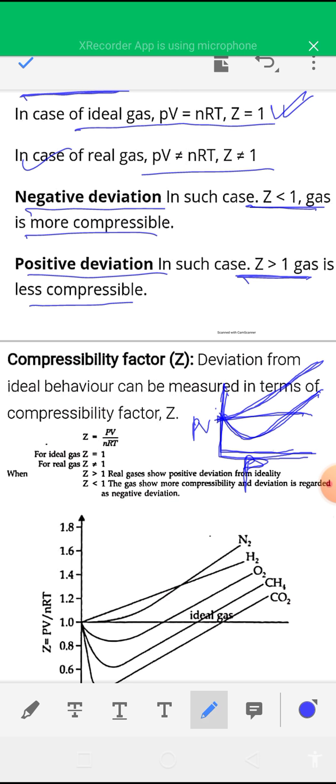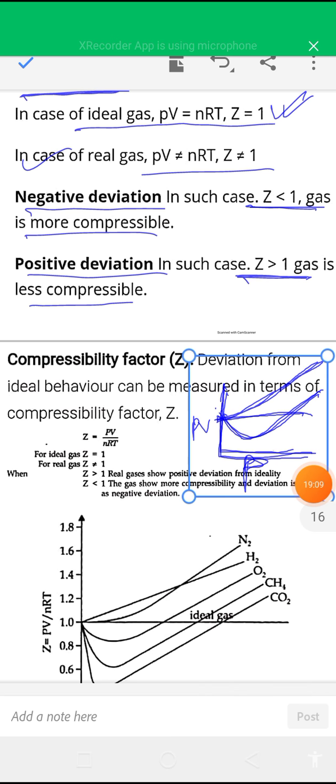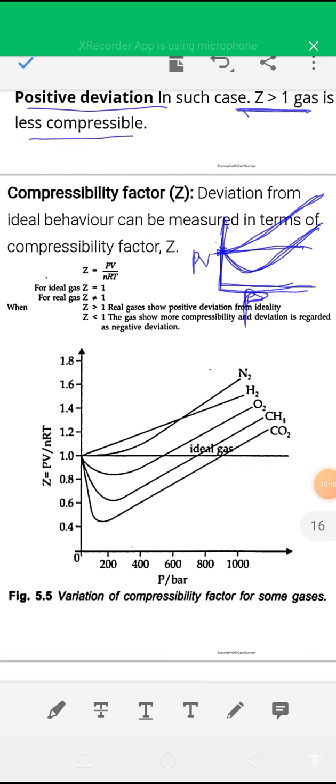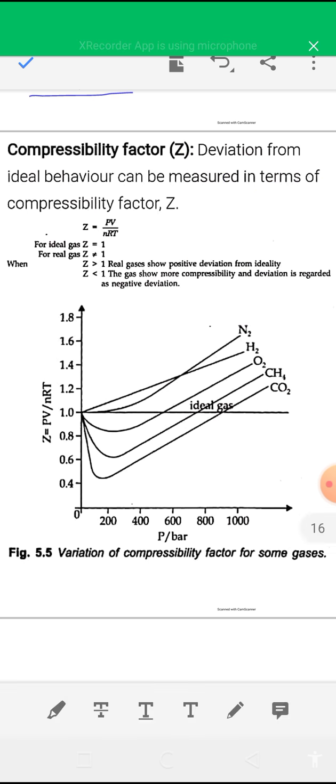So two types of deviation we find in case of non-ideal gases. And the deviations can be measured in terms of compressibility factor Z.